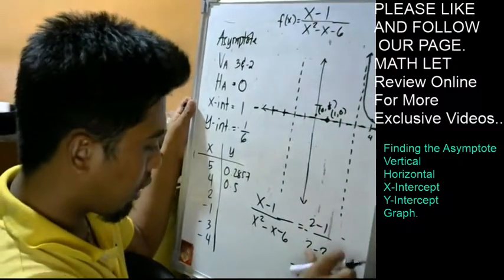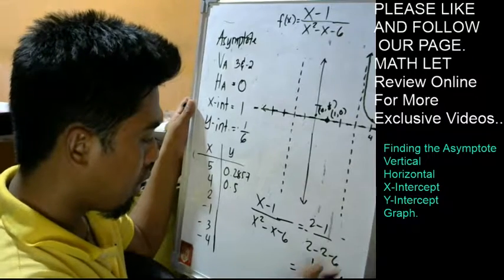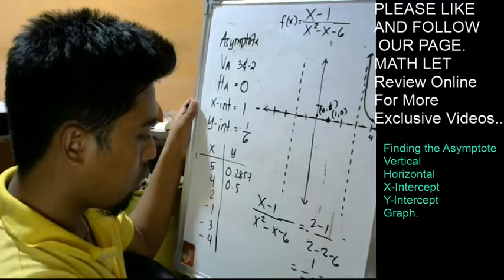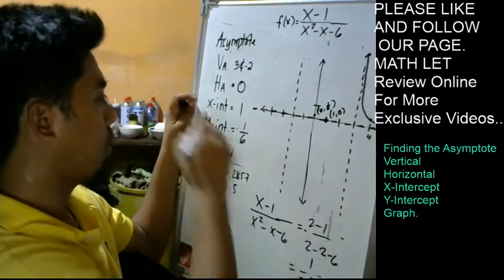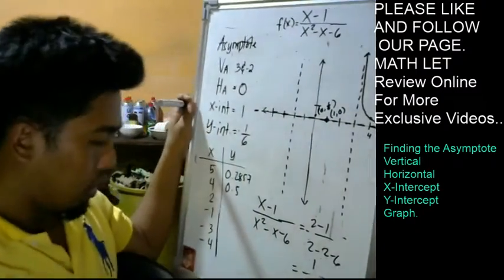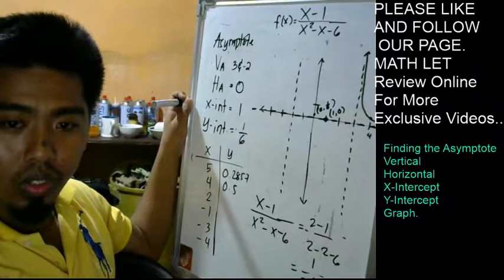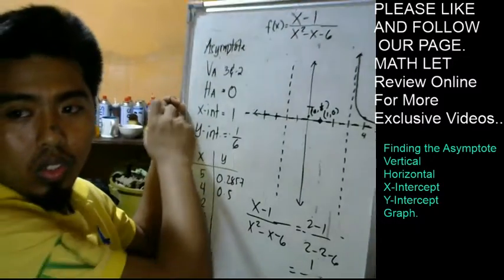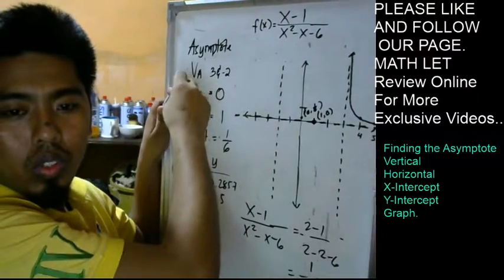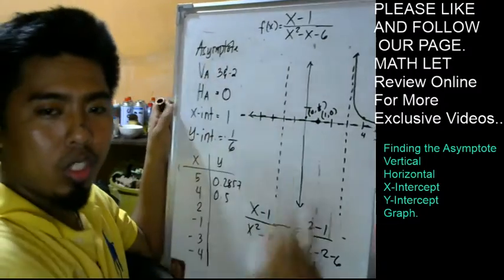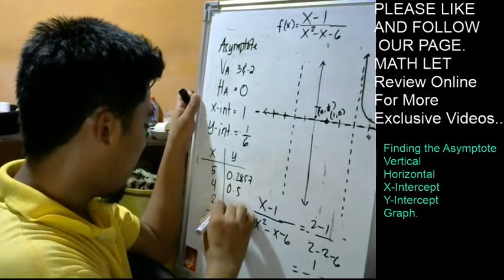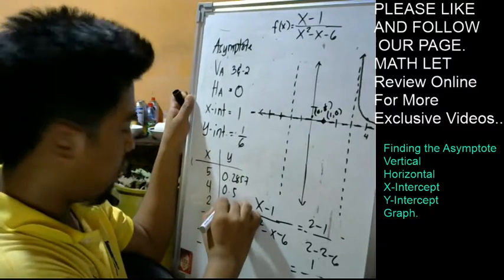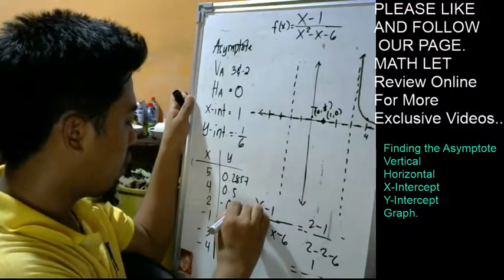So it will become 1, then negative 6, so negative 1 over 6. So negative 0.167.